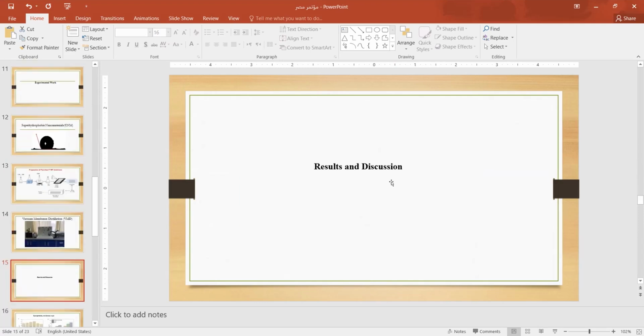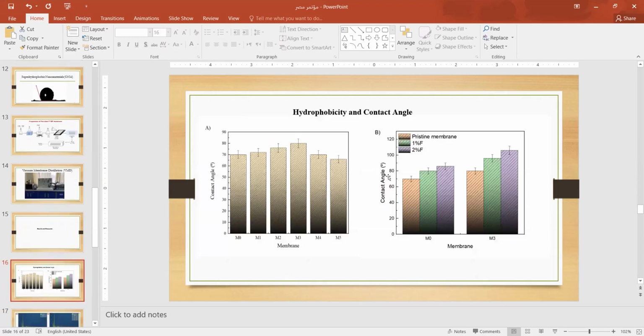Results and discussion. After preparing the flat sheet membrane, we measured the hydrophobicity and contact angle of the membrane. It was found that the contact angle of the membrane increased with the concentration of nanomaterials.